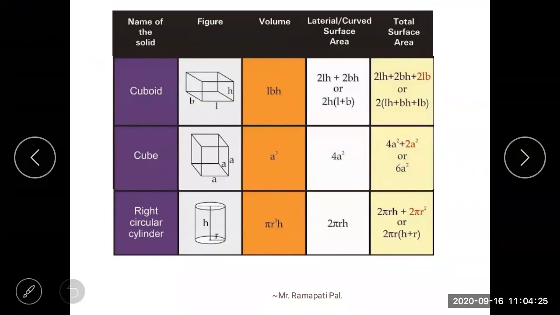Two lids are present, top and bottom, so when we add them it becomes 2 pi r square. Now we add 2 pi r h plus 2 pi r square. What will be common here? 2 pi r will be common. So what remains? h plus r. So the total surface area of a cylinder is 2 pi r (h plus r).